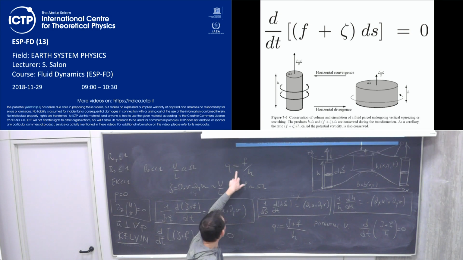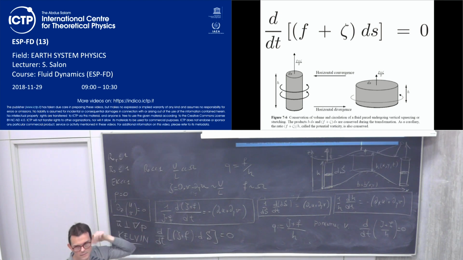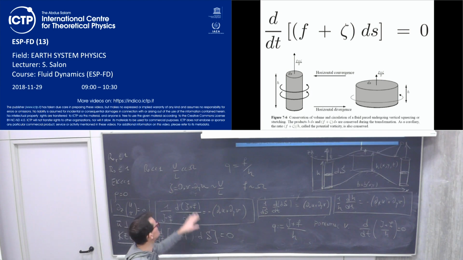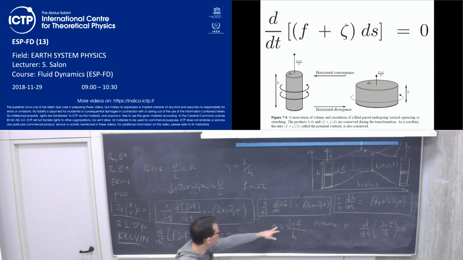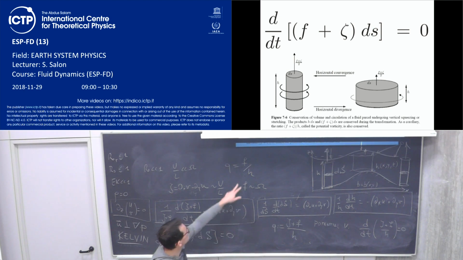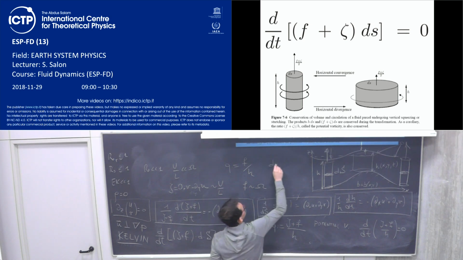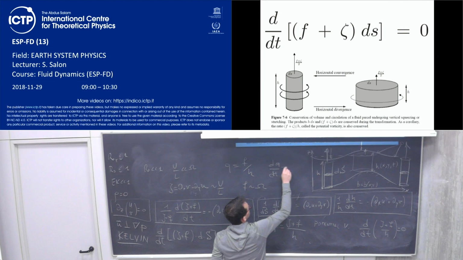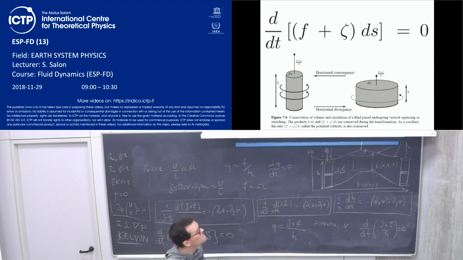So this is the expression of the potential vorticity when we are in the geostrophic case. So the relative vorticity is much smaller and can be neglected, and so Q actually takes the form of this. If F is fixed, since dQ over dt must be 0, we have to conserve H.